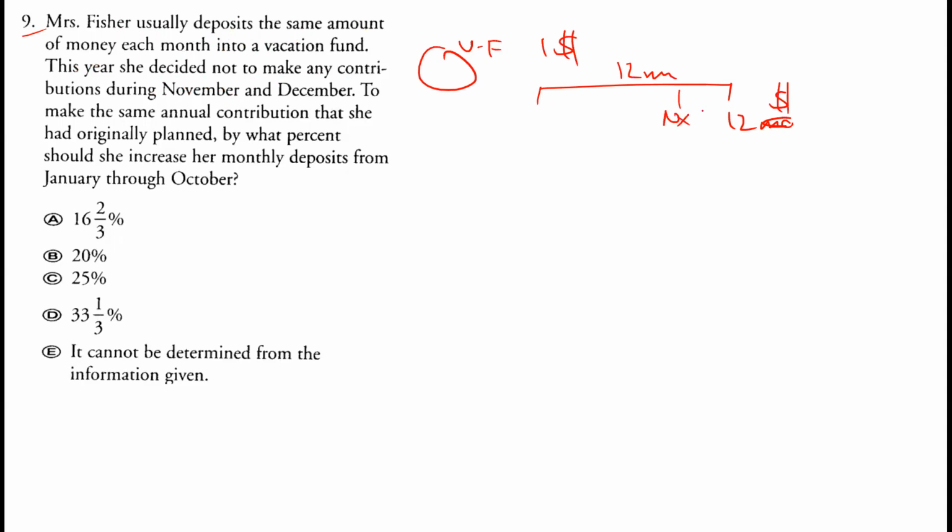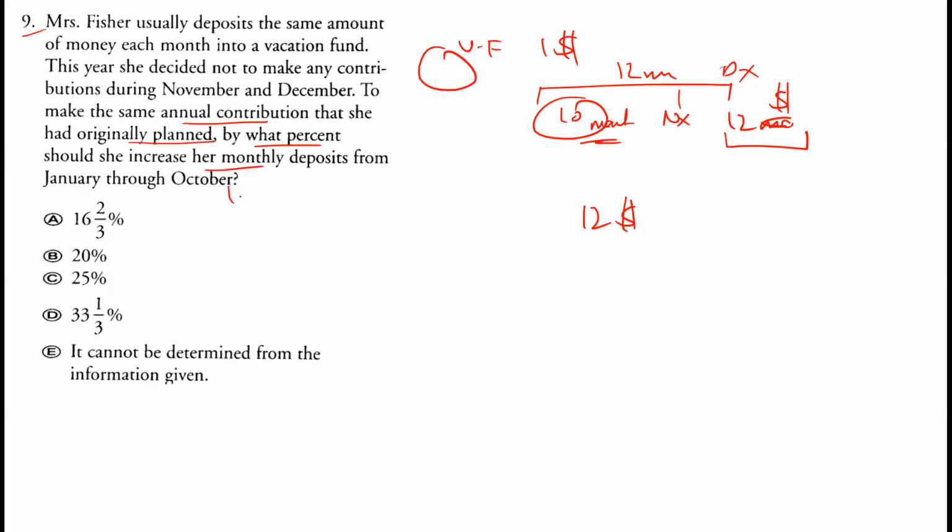So how many months are left to contribute? 10 months. To make the same amount of contribution that she had originally planned, the total would have been $12. By what percent should she increase her monthly deposits from January through October?